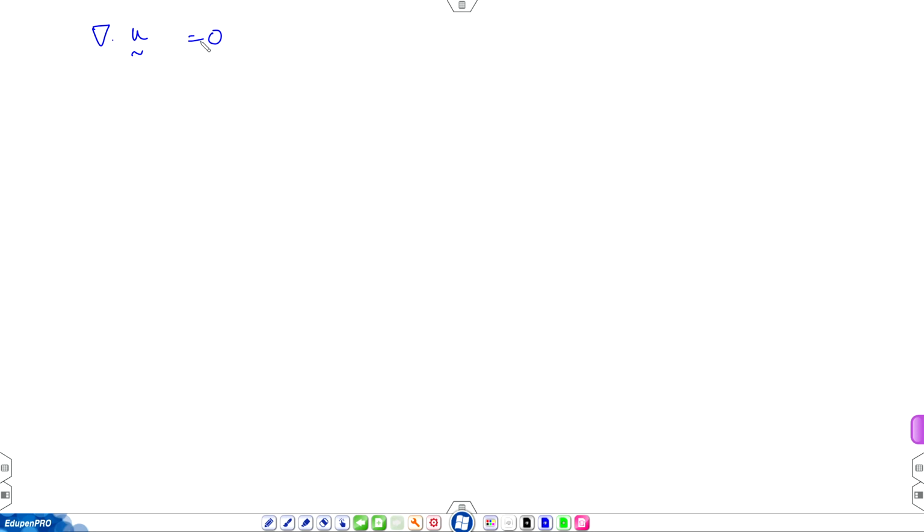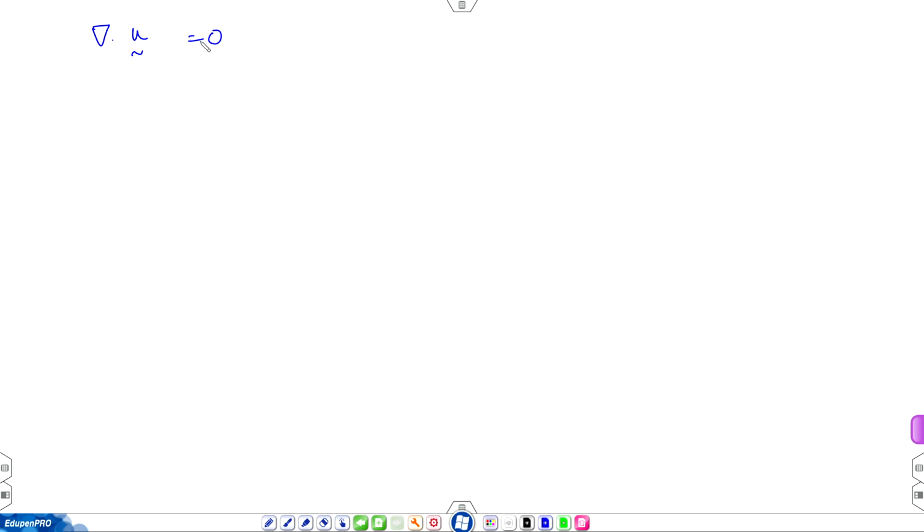What is the coordinate system for this equation? By the way, a control volume may be anything, but when you write a differential equation, you have to specify the coordinate system. Is it Cartesian? Is it cylindrical, spherical? So when you write del dot u equal to 0, what is the coordinate system of this equation?